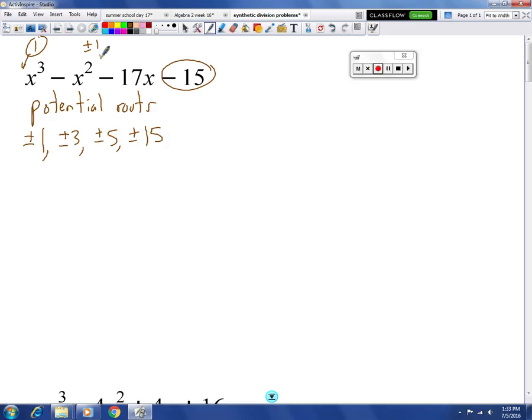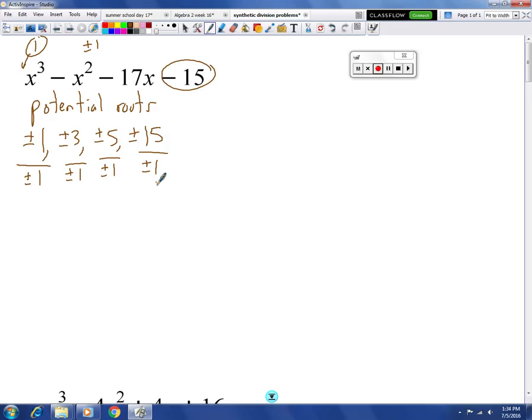So what I'm supposed to do is write the plus or minus 1 from the negative 15 and put a plus or minus 1 underneath that, a plus or minus 1 underneath the plus or minus 3, plus or minus 1 underneath the plus or minus 5, plus or minus 1 underneath the plus or minus 15.